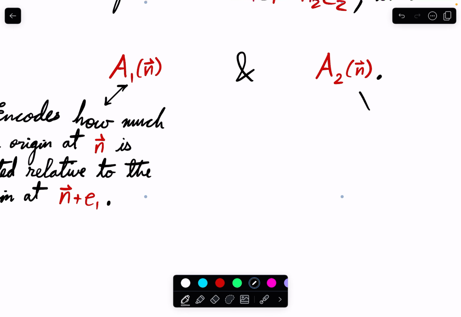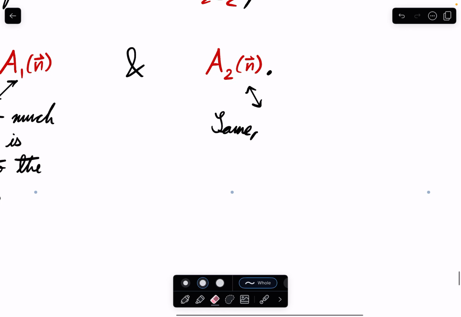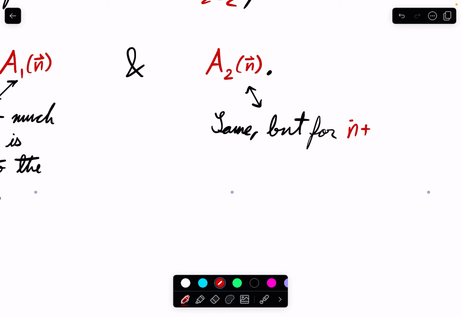And this is the same, but for n plus e2.